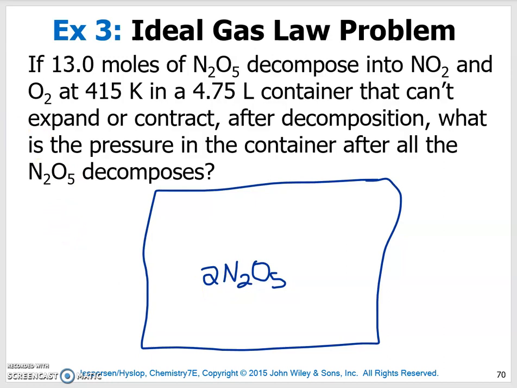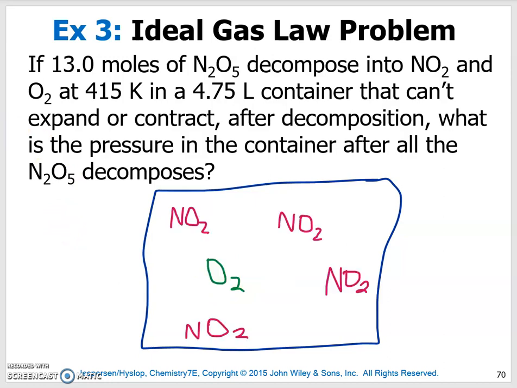And what will happen is that this will decompose from 2 mole equivalents of gas to 5 mole equivalents of gas. So the pressure is going to increase. We can solve for the initial pressure, but that's not particularly helpful except to maybe compare, oh, did we kind of do it right? Because we would expect the pressure to be higher. But let's just go through how you would actually find this new pressure after the reaction.